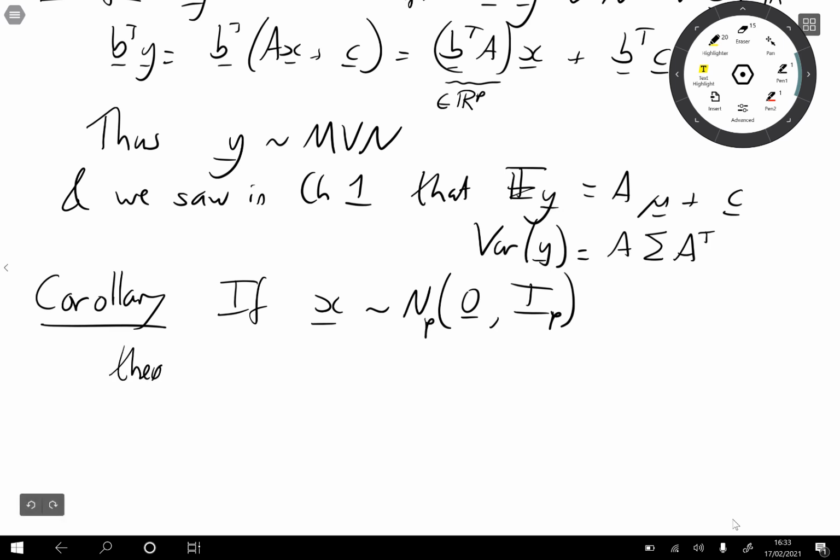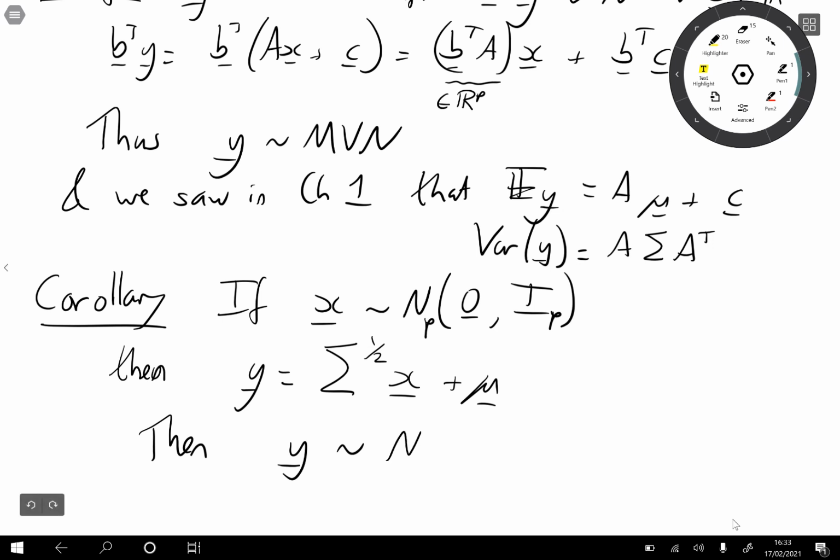Then if we let y be the matrix square root of sigma times x plus mu, it follows from the previous result that y is going to be multivariate normal of length p with mean mu and variance matrix sigma. That follows straight away. We get sigma to the half, identity, sigma to the half transposed, which is just sigma.